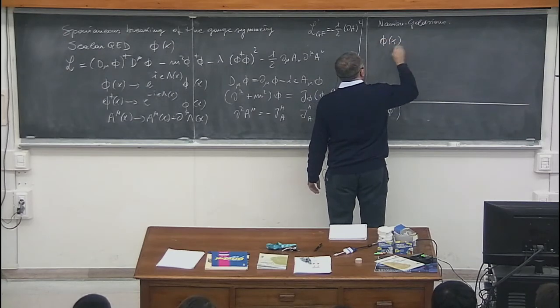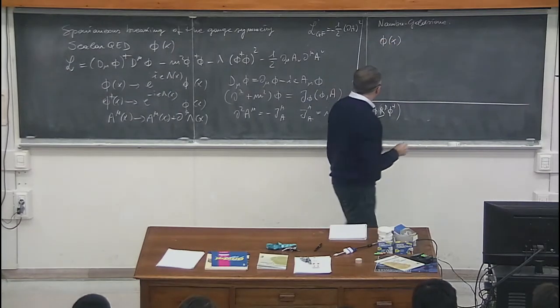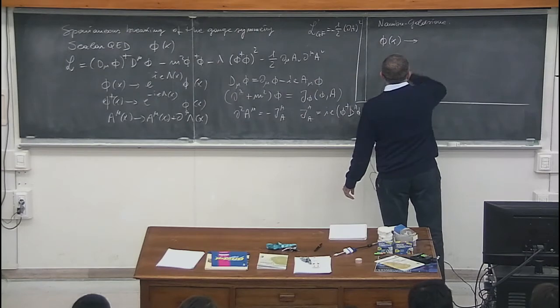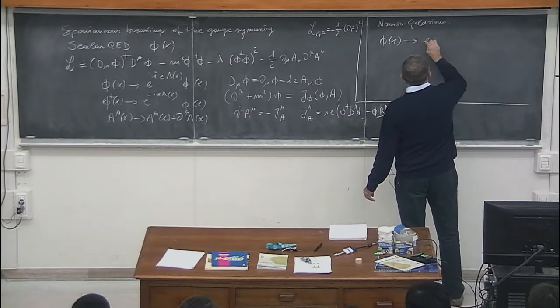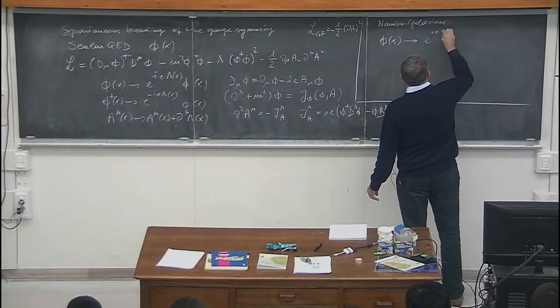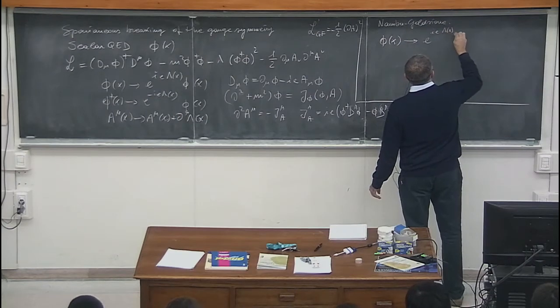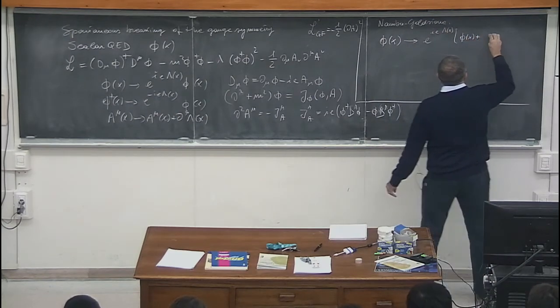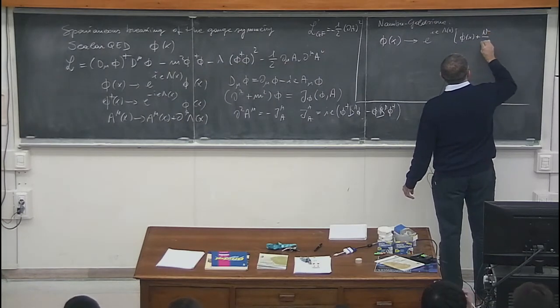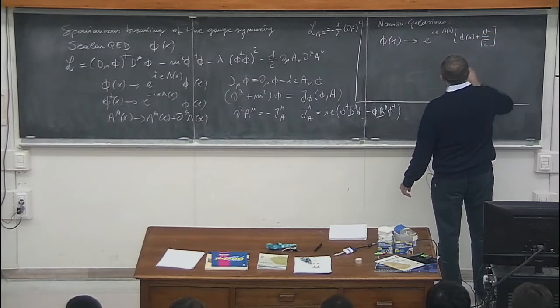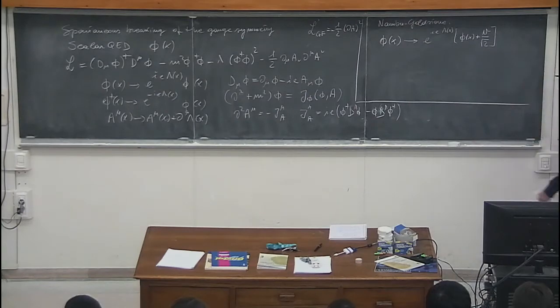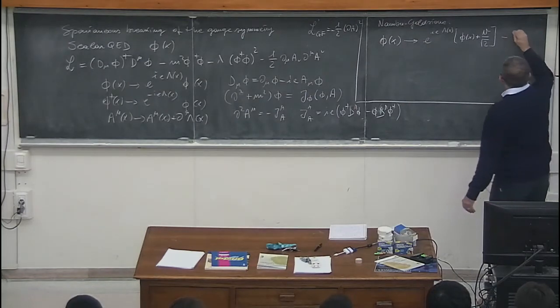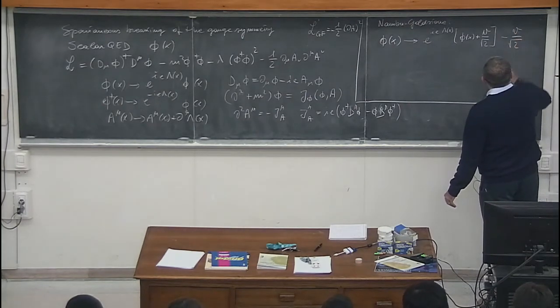I define the transformed scalar field φ like this: e^{ieλ(x)} times φ plus a constant, which I call v divided by root 2, minus v over root 2.